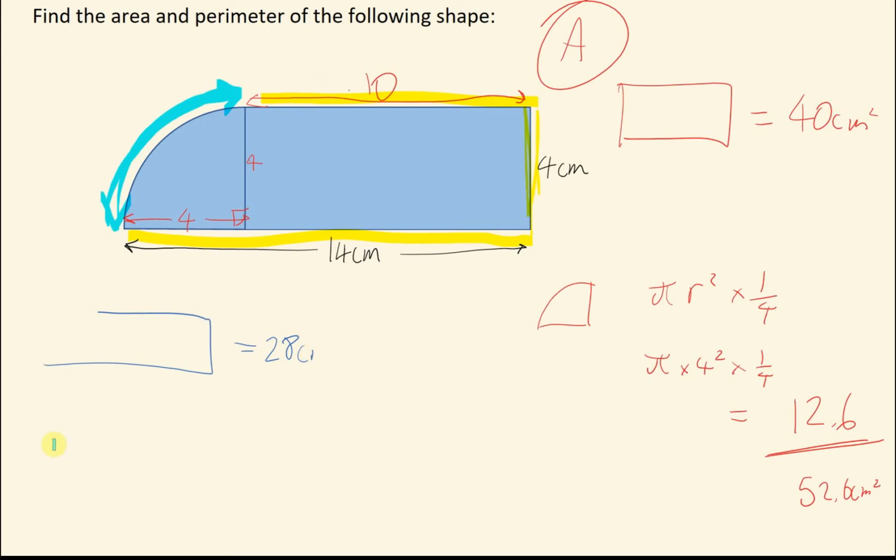I then need my arc length, and again, it's going to be 1/4 of a circle. So I do pi times diameter. Here the radius is 4, the diameter is 8, and then I times it by 1/4 because I have 1/4 of a circle. Type it in your calculator, that will give you 2 pi, which is 6.28. So for your overall perimeter, you add these two together, which will give you 34.28. And again, that is in centimeters.